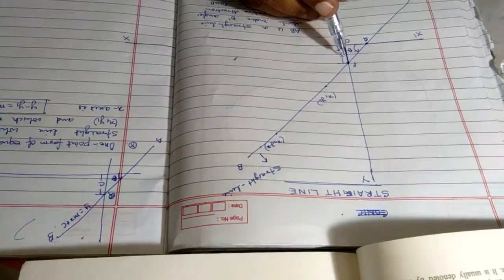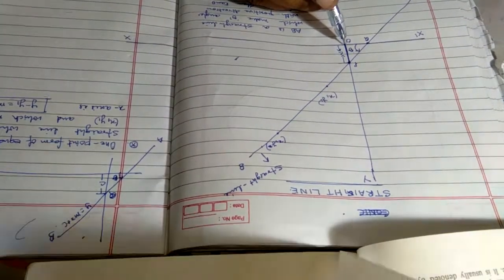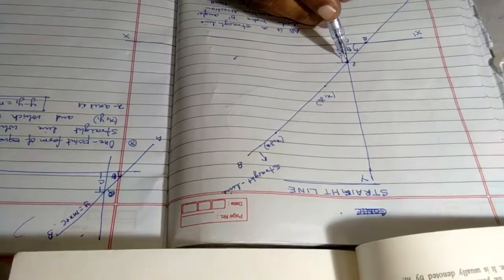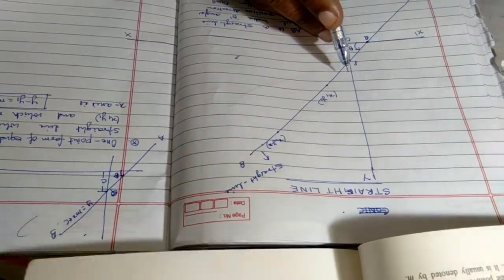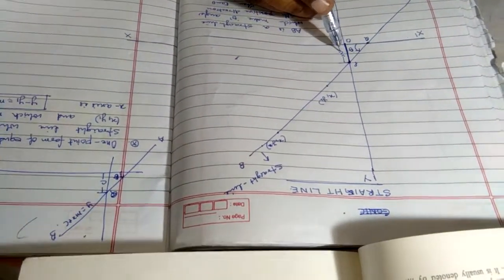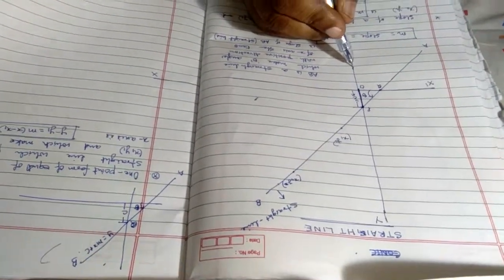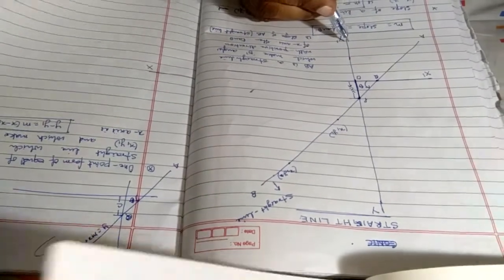Here the OP is taken as C. C may be positive or may be negative. If C is above, means in the positive direction of the positive y-axis, then C will be positive, and C may be 0 at the origin, and when C is on the negative y-axis, then C will be negative.